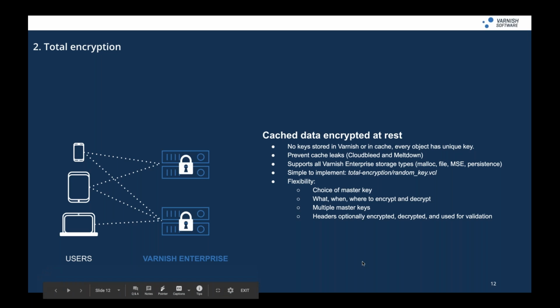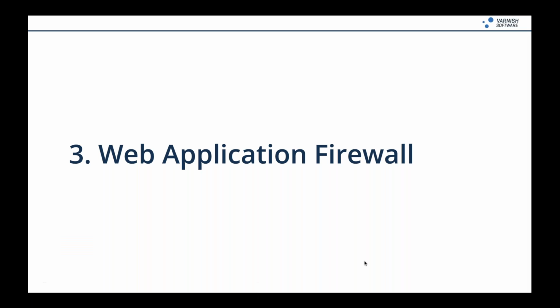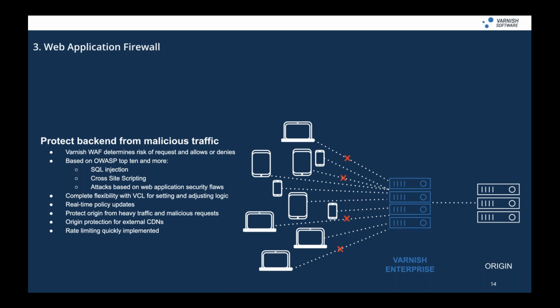So moving from the cache, we can look at the final aspect here: the built-in web application firewall that Varnish Enterprise contains. This is when requests are heading to the backend infrastructure, and this can contain business critical data as well as sensitive customer data, and it's naturally the target of bad actors and malicious requests looking to gain entry to steal information or bring down the infrastructure.